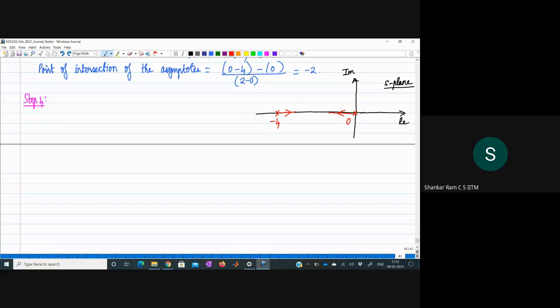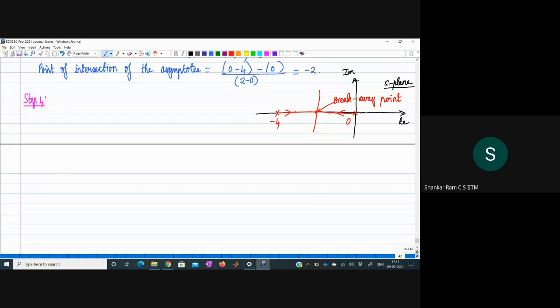So now we can see that at some point these two branches are going to come towards each other. They are going to hit each other, and then they are going to go out into the complex plane. Such a point is what is called a breakaway point. A breakaway point is a point, for example, when you have two open loop poles on the real axis like this, and then two branches of the root locus start from each open loop pole.